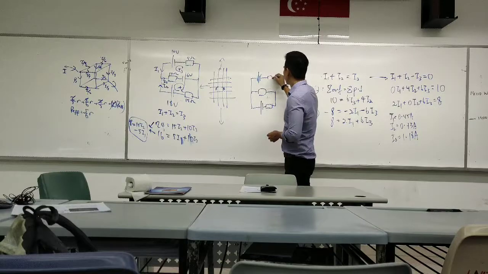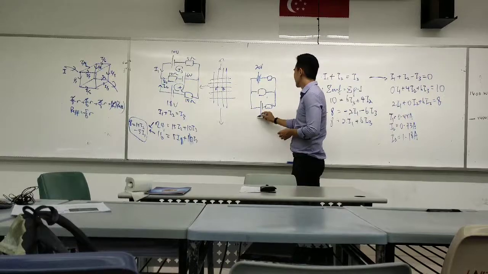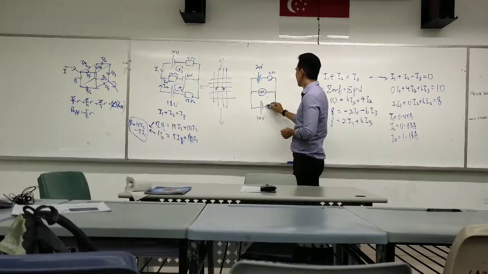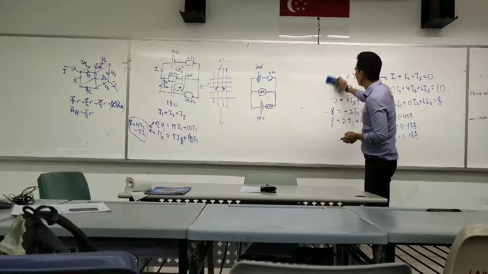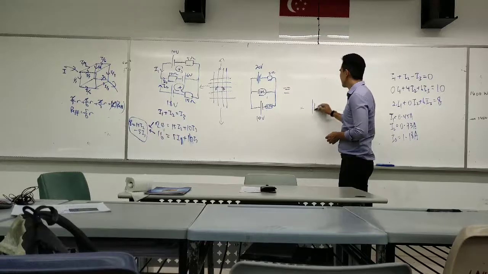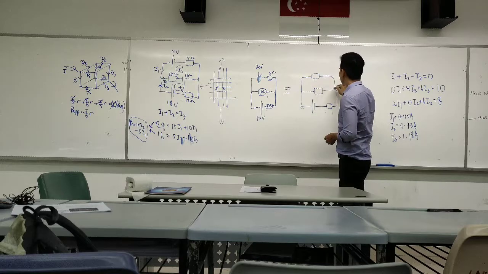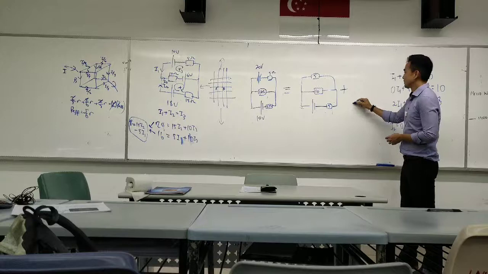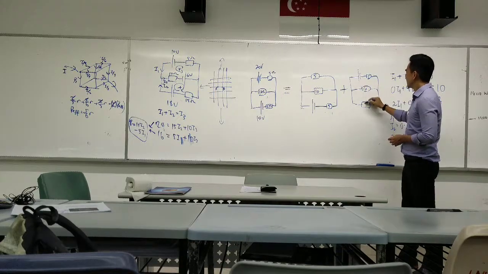So say, let's give friendly numbers: 20 volts, 10 volts. This is 5 ohm, 10 ohm, 5 ohm. So what do you mean by the superposition method? This is equivalent to this: 5, 10, 5 plus 5, 10, 5.